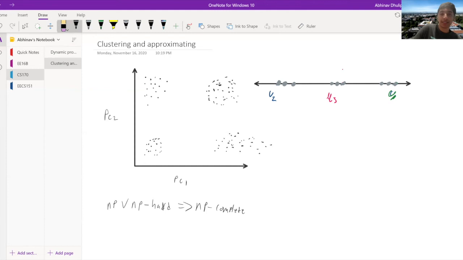And the reason is because we can reduce this down to vertex cover. As we know with reductions, if I can say that this problem is at least as hard as vertex cover, and vertex cover is at least as hard as set cover, and set cover is at least as hard as independent set, and so on, then that's enough to prove that this is NP hard.